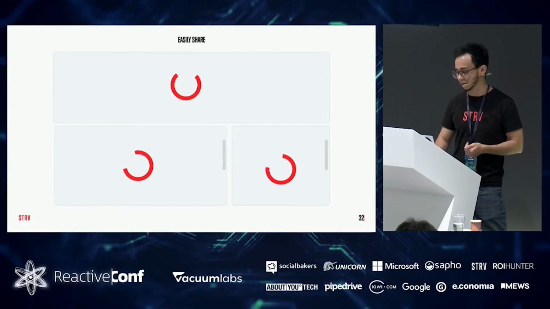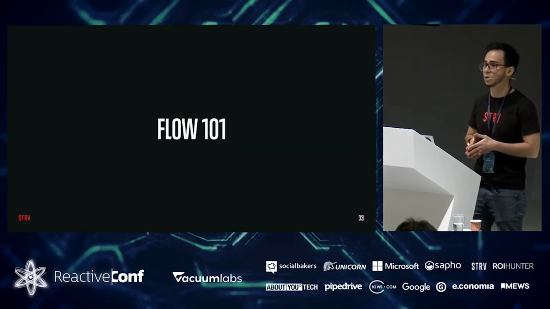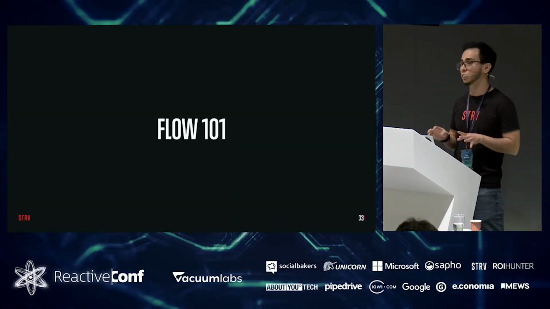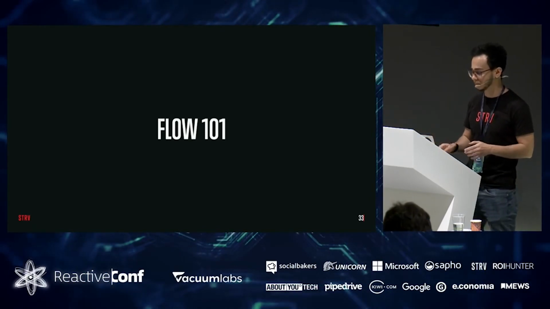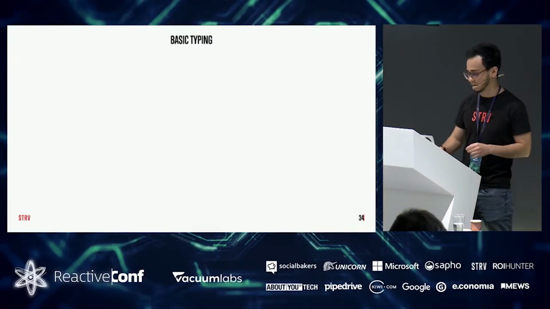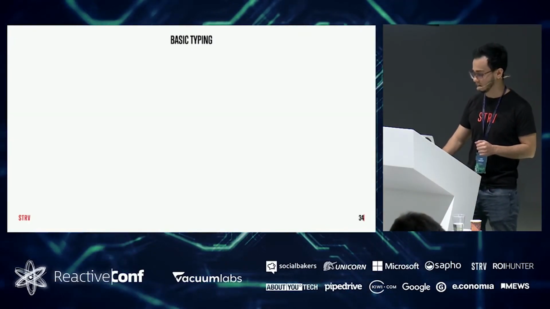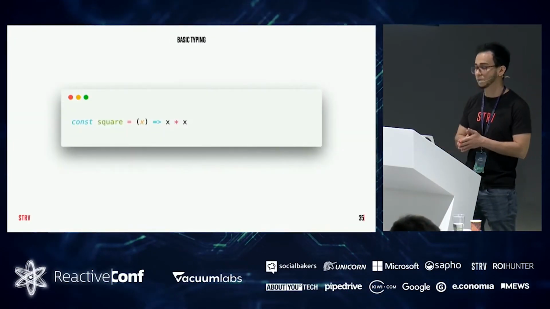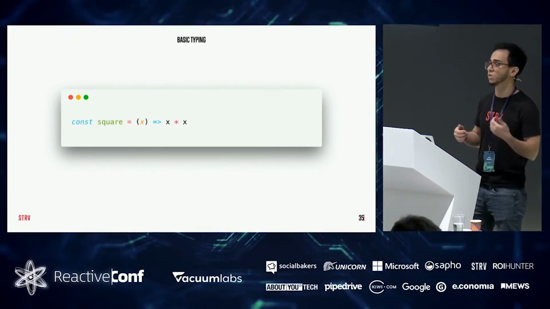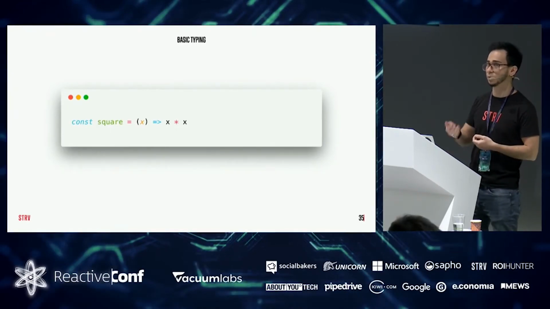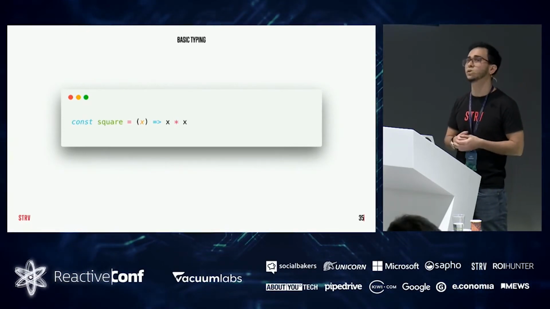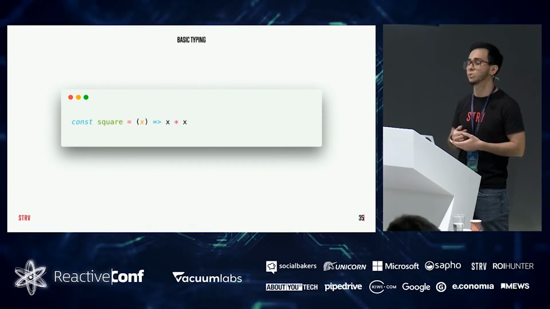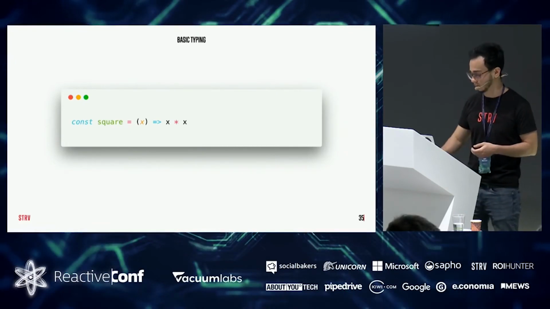Now let's take a look at a little bit of Flow. We're just going to cover what we need to understand how we can type higher order components. So let's take a look at the basic typing. We're going to have this square function, which just takes x and multiplies it by itself. That's it. So what we want to do is type the input, which is the first x.